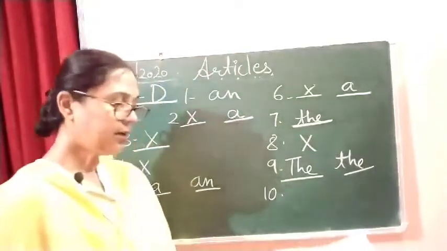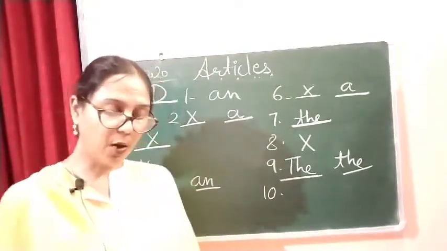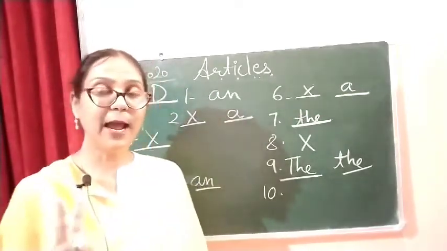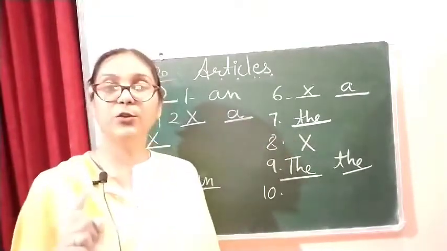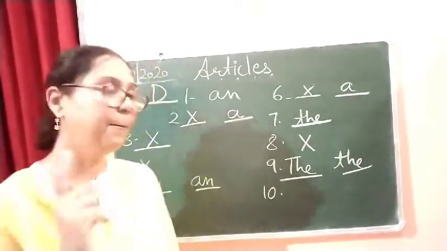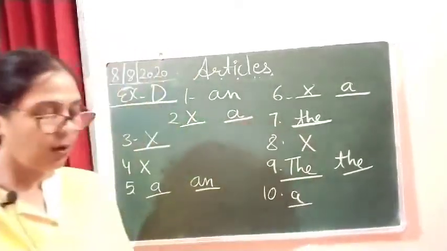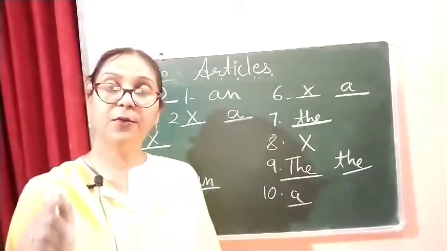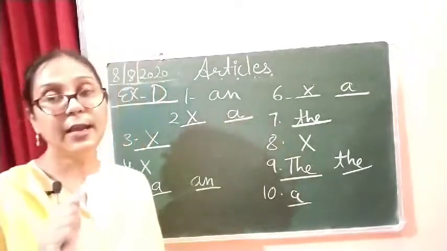In number 10, draw dash map of dash India. There are 2 blanks. So in first blank we are going to write draw a map. Number 10, draw a map of dash India. So the name of country, so we are not supposed to write any article.